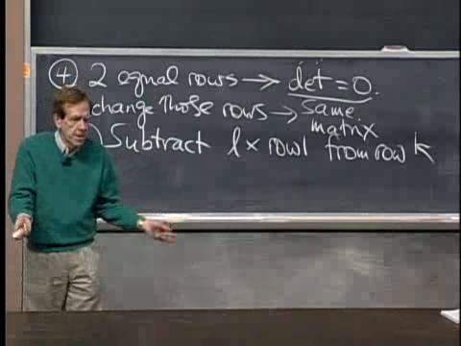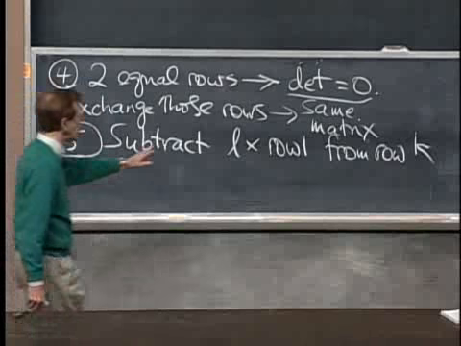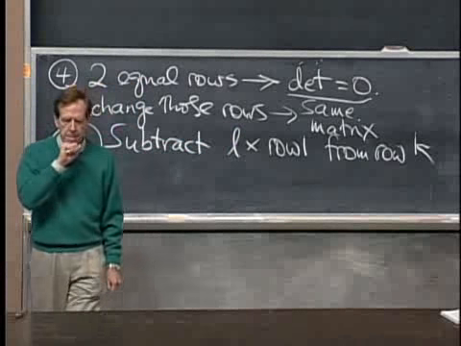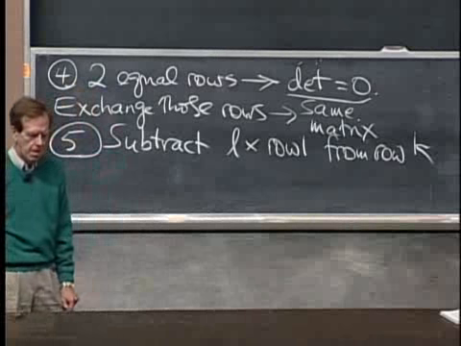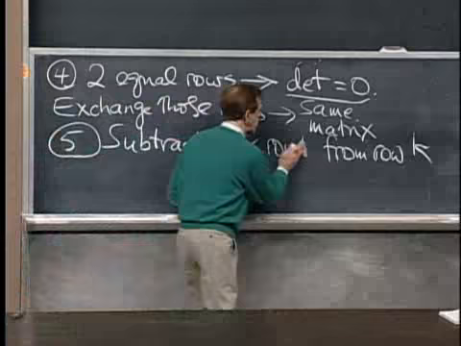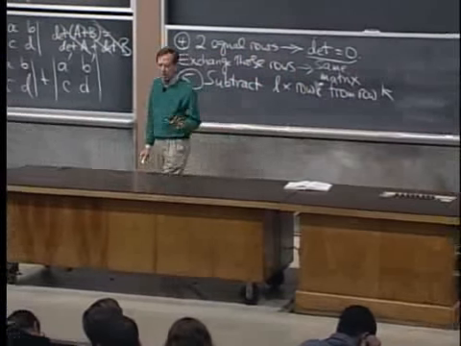You remember why I did that. In elimination, I'm always choosing this multiplier so as to produce 0 in that position. Or row I from row K. Maybe I should just make very clear that there's nothing special about row 1 here.